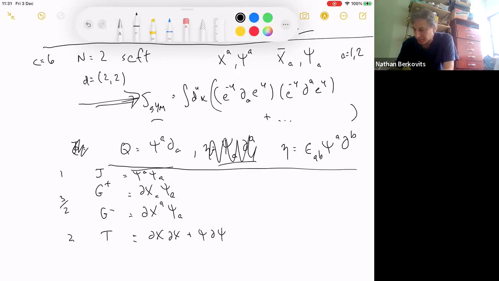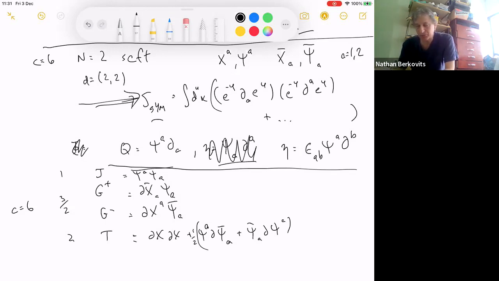I guess I'm calling this bar. And I should put a bar on here too. So this is equal to psi a psi bar a plus. Okay, this is easy to see as c equals 6. Any questions up to now?